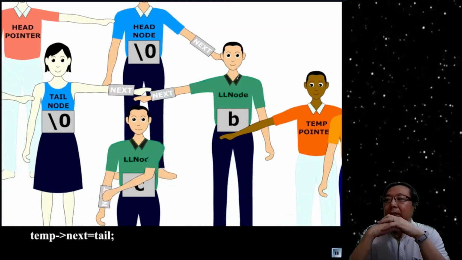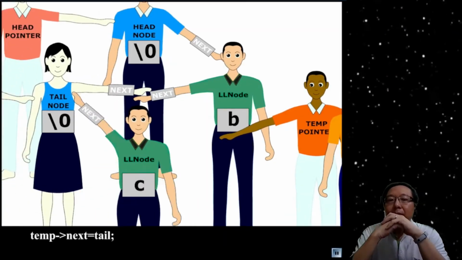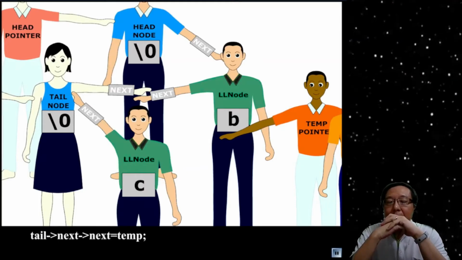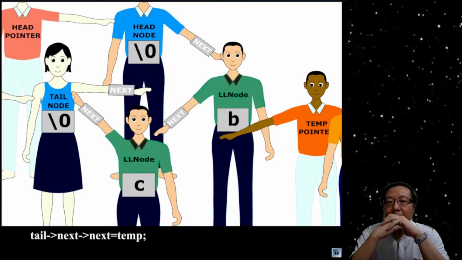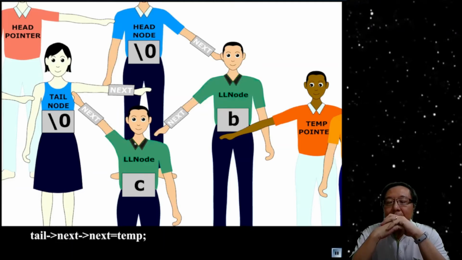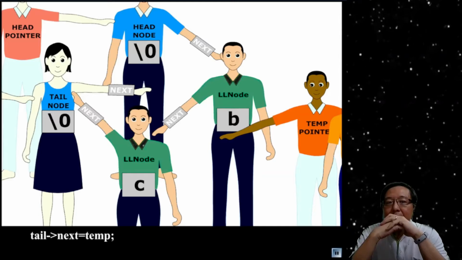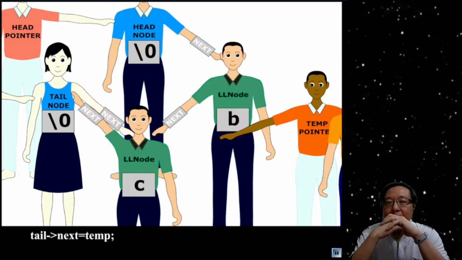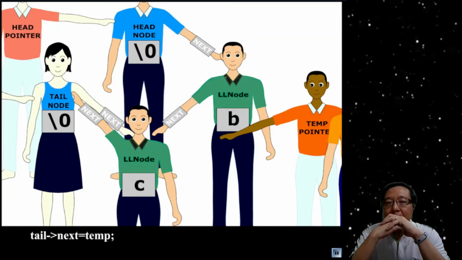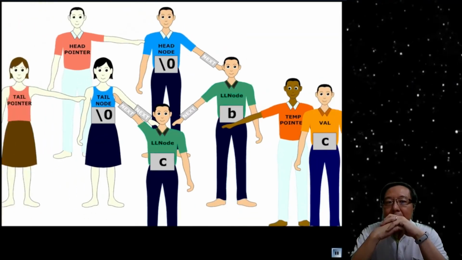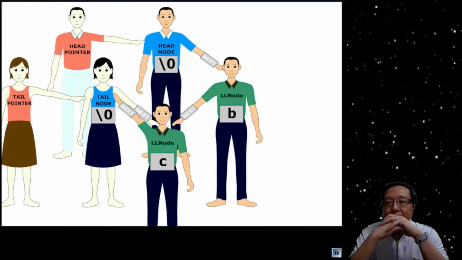Then, make temp arrow next point to where tail is pointing to, which is this tail node. Now, make tail arrow next point to where temp is pointing to, which is this new node with C in it. Finally, make the tail arrow next point to where temp arrow next is pointing to, which is this new node. We have now completed the push and return to main.